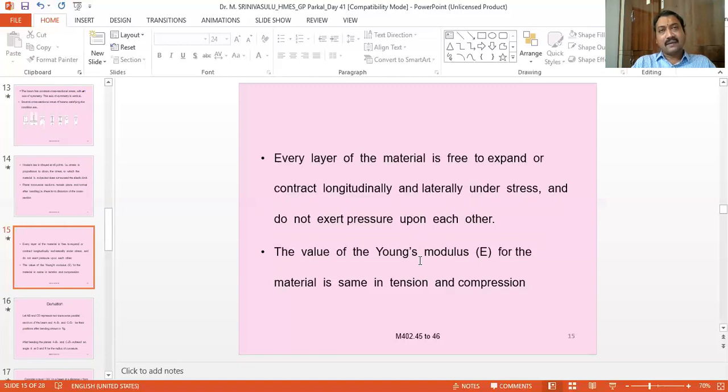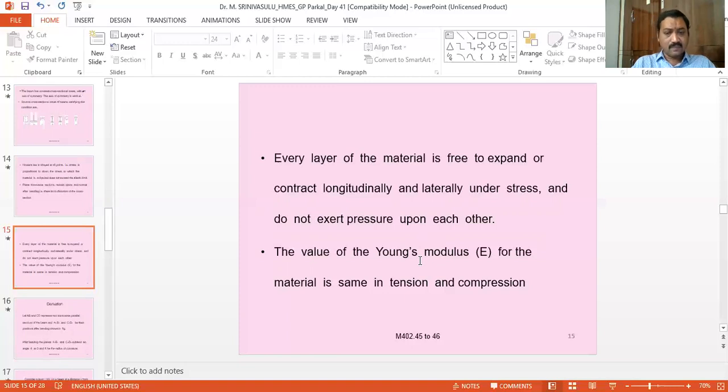That means the layers are not bonded with each other, and the expansion or contraction of a layer should not be affected by the other layers. It is free to expand lengthwise or widthwise, and it should not exert pressure, force or resistance on the others.